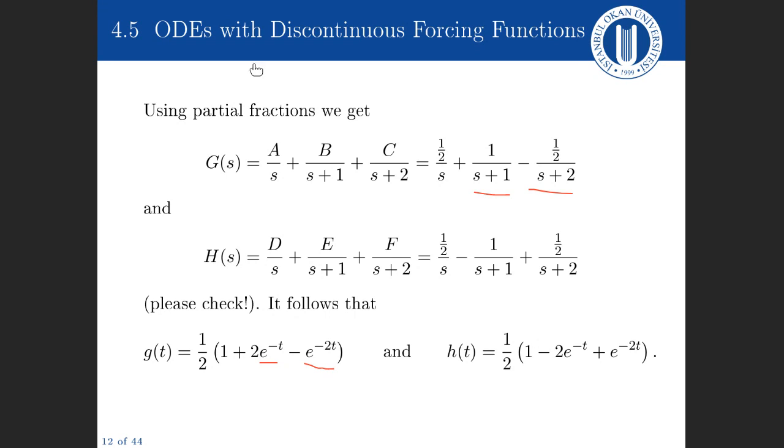And likewise, for small h, I get a half multiplied by 1 minus 2 times e to the power minus t plus e to the power minus 2t. Now that we know small g and small h, we can find small y.